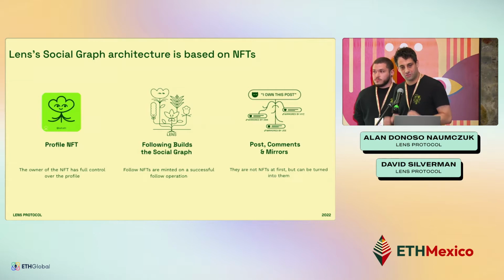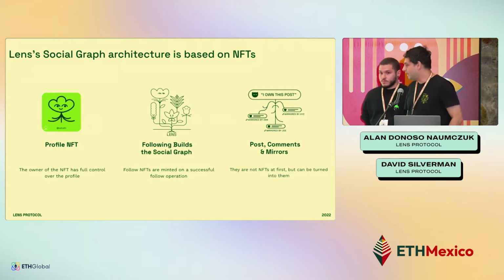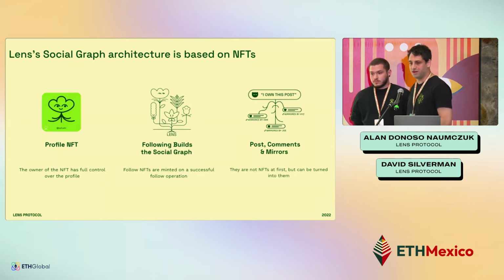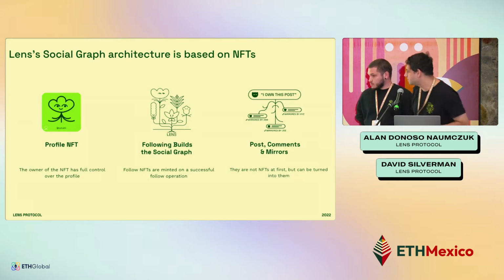So again, following is directly on chain. And lastly, there's posts, comments, and mirrors, the ways you actually post to the graph. These are not NFTs. They actually live inside of your profile, but you can add logic to monetize them and turn them into an NFT. So instead of just tweeting randomly, I can make a publication, say of a photo, and I can sell that 5 times, 10 times for 5 Matic, 5 ETH, you pick the price.